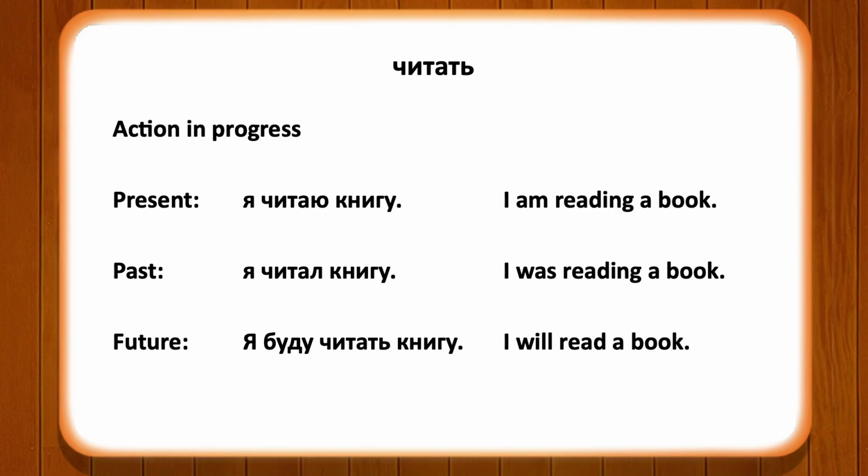And ya budu chitach knigu, this will denote an action that will go on in future. So the imperfective aspect of the verb is used to denote an action in the past, in the present and future.